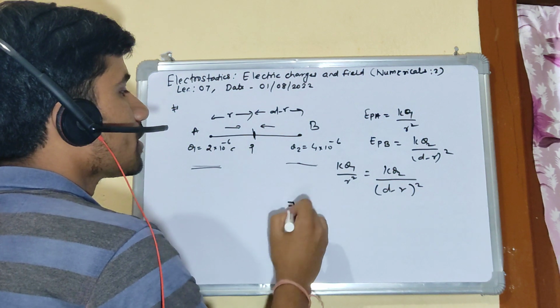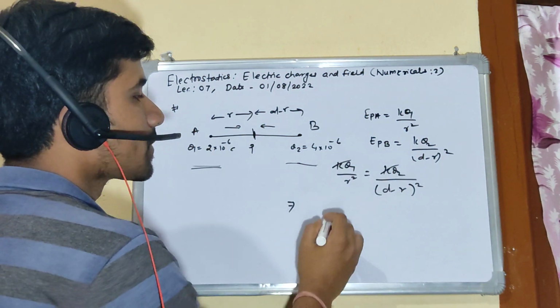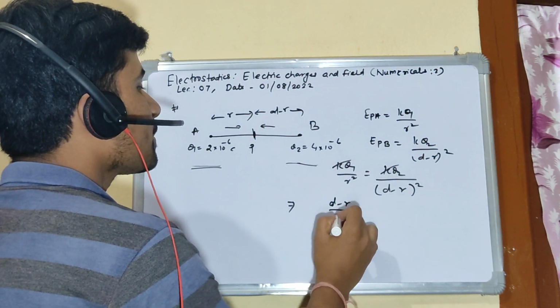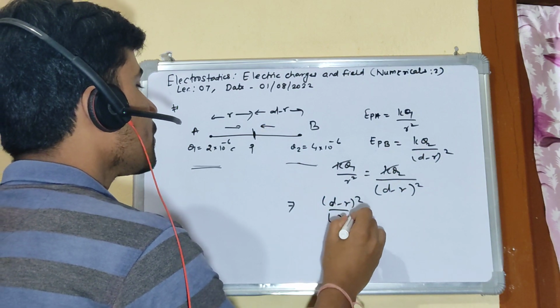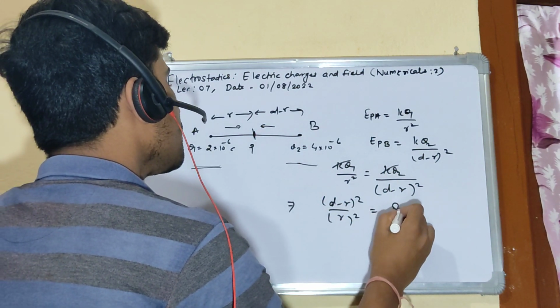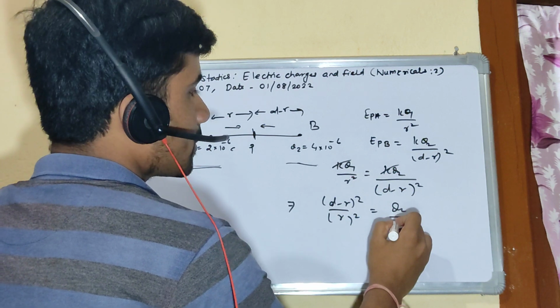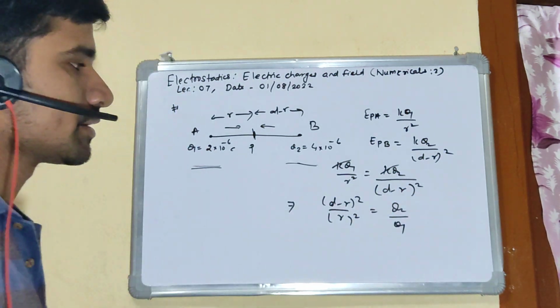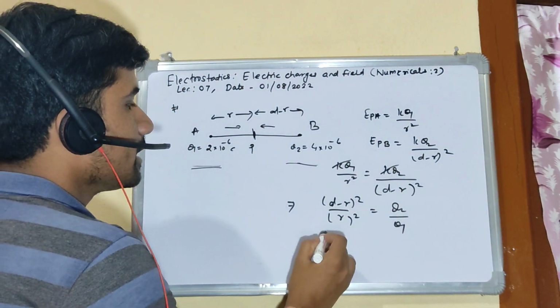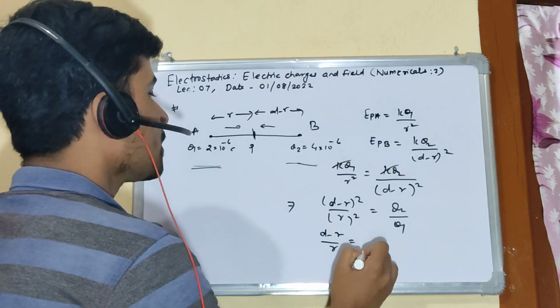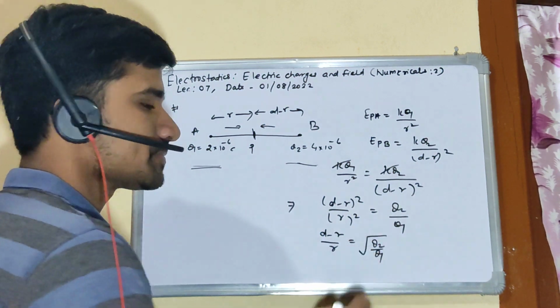Now k will cancel out. (d minus r) square by r square equals q2 by q1, right? So (d minus r) by r is nothing but under root q2 by q1, right?